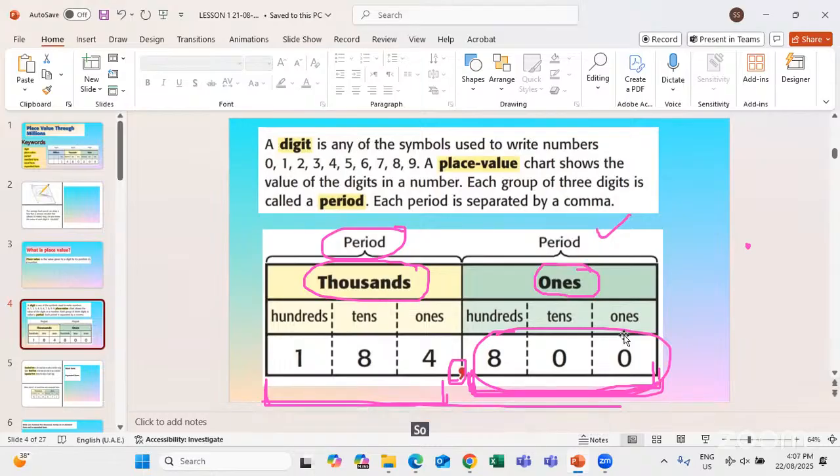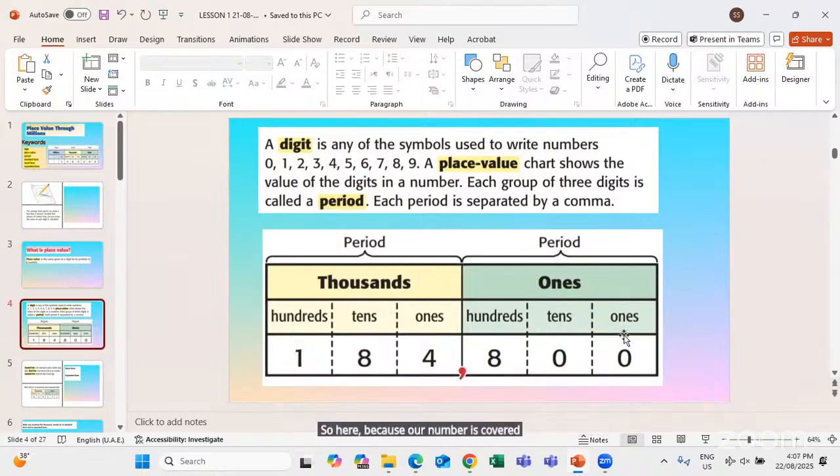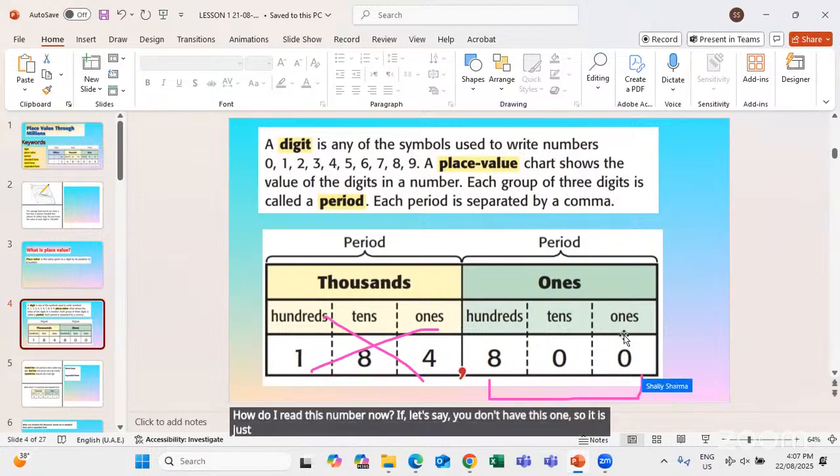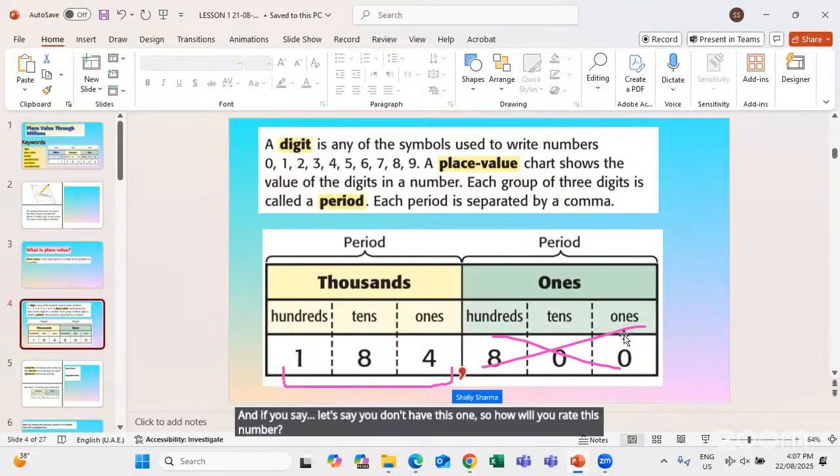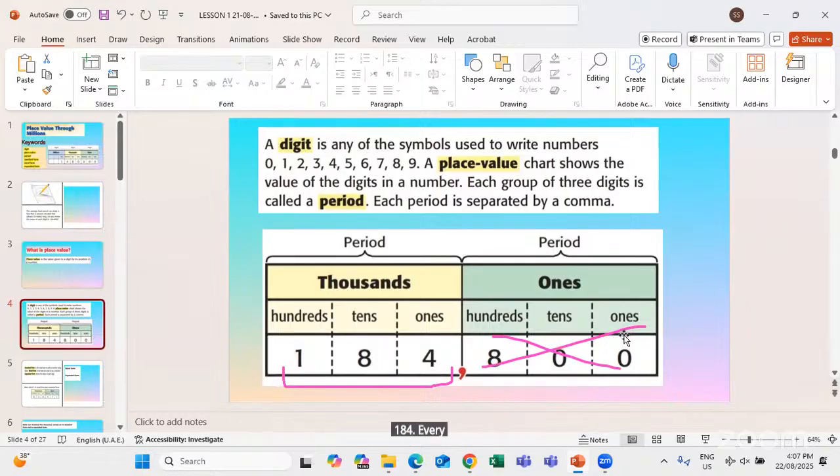So here, because our number is covered up to thousands only, how do I read this number now? If let's say you don't have this one, it is just 800, that's all. And if you don't have this one, how will you read this number? 184. Every period has ones, tens, and hundreds.